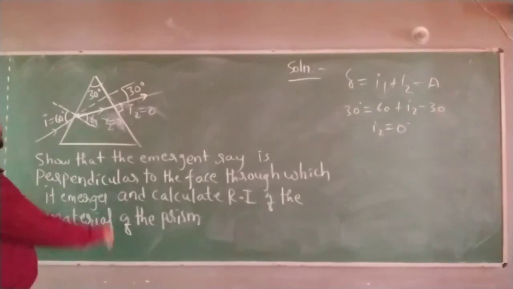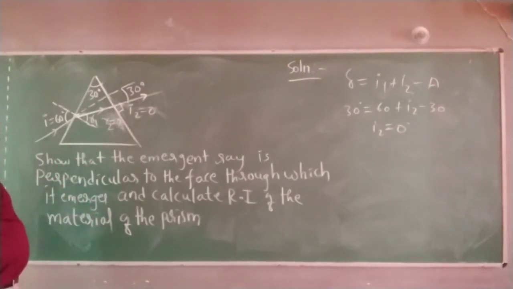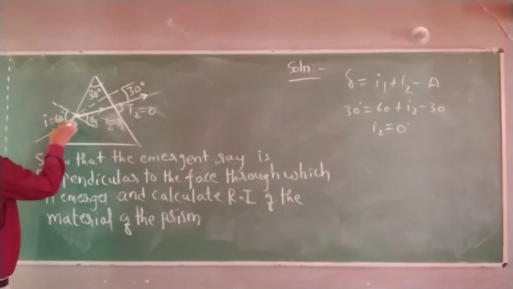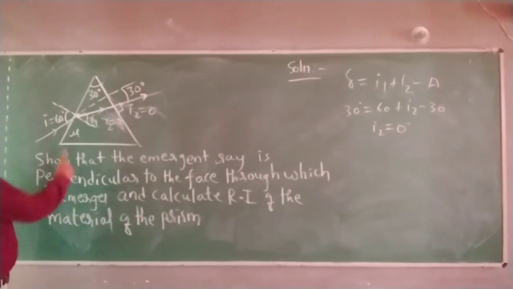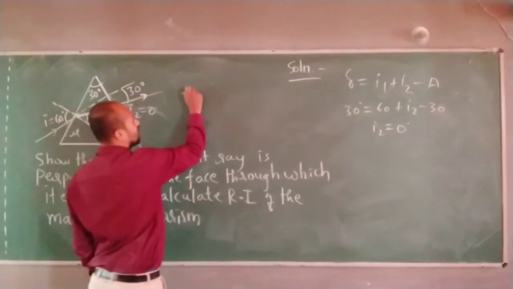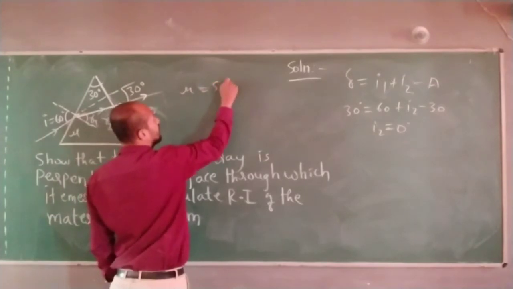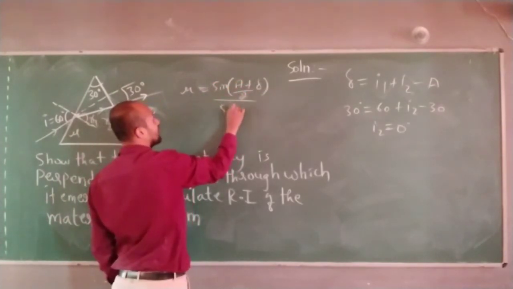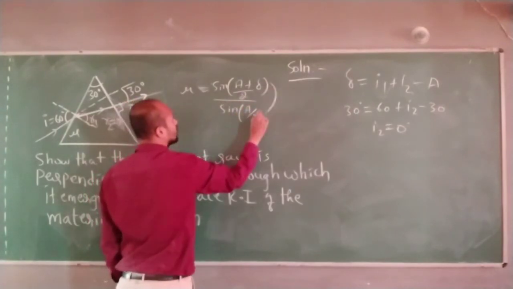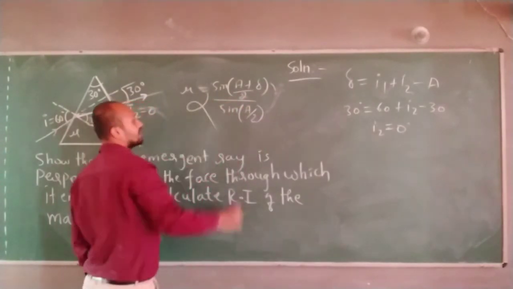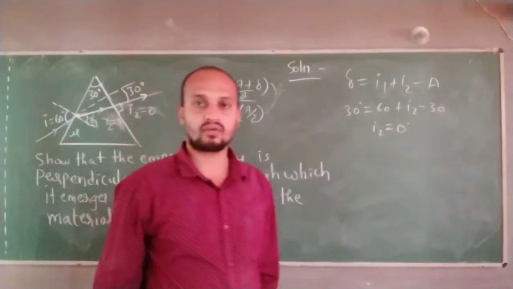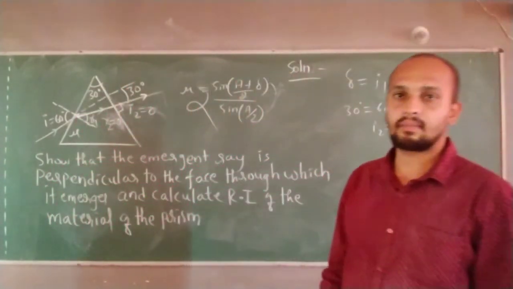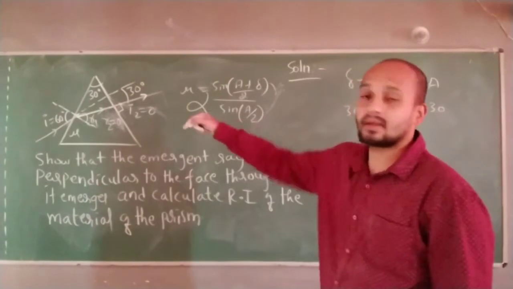What we need to find? Mu now. What is mu? Refractive index of the material. How to find? Mu is equal to sine of A plus delta by 2 divided by sine of A by 2. Correct? This formula cannot be applied. Why? It is not a minimum deviation.